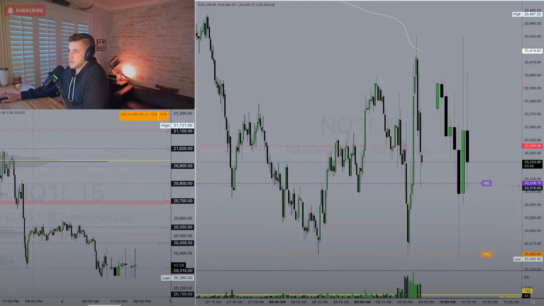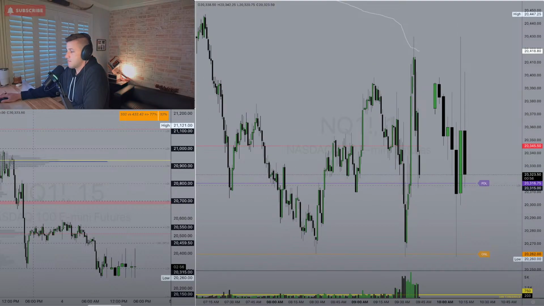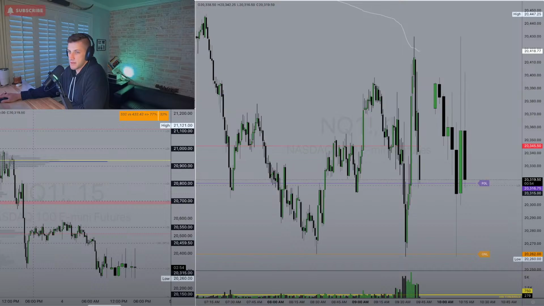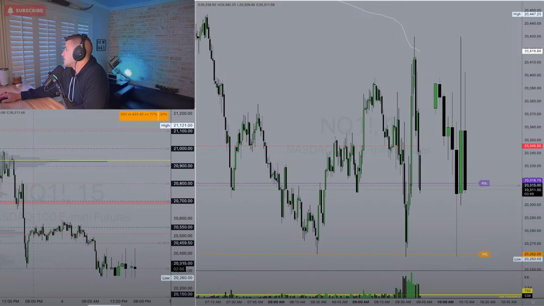So 315 is going to be your initial target there. If you're short from VWAP, it's your spot to be trimming. And coming into session lows here.